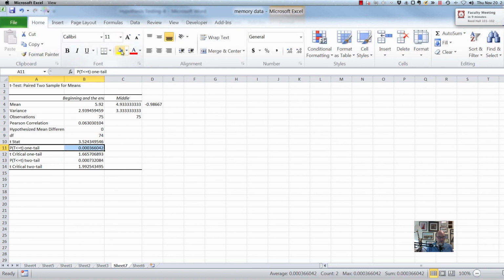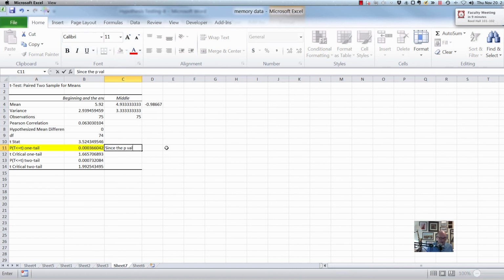Highlight that guy. Since the p-value is really lower than alpha, which was in this case 0.05, it's actually lower than 0.01, so you could write it that way if you'd like. It's really low, so we have sufficient evidence to reject the null hypothesis.